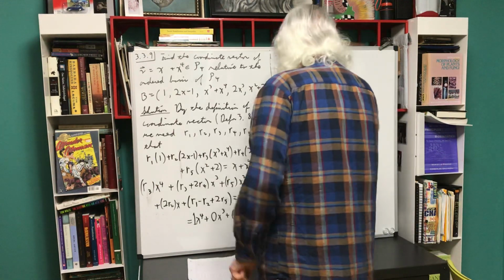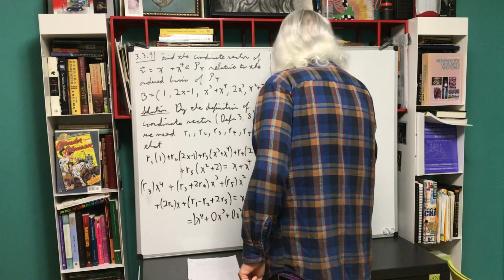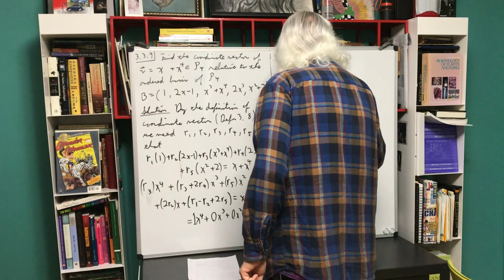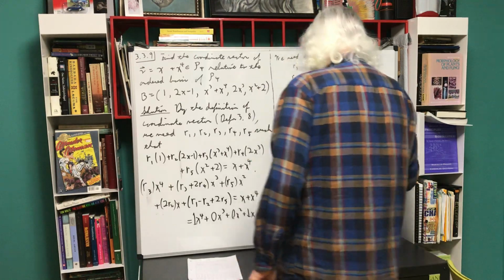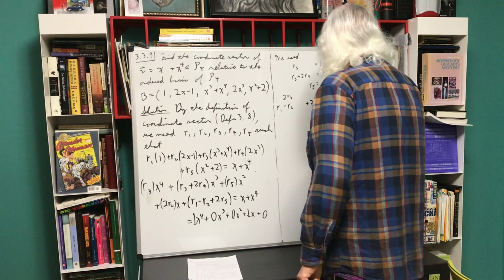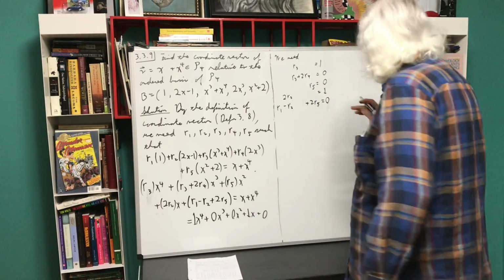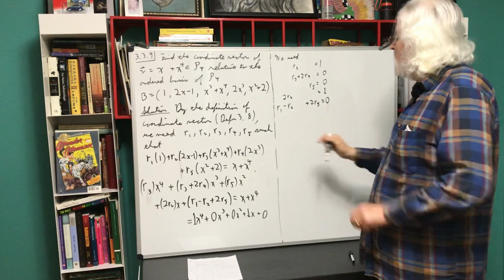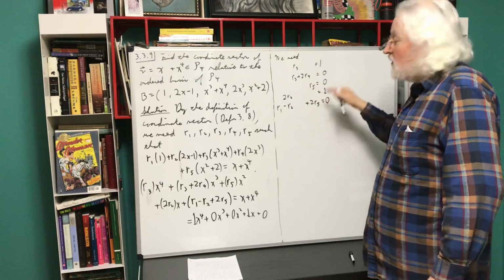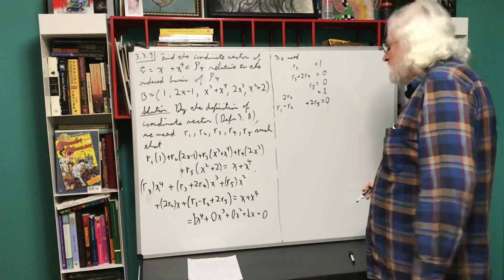And the constant term on the left-hand side is R1 minus R2 plus 2R5, and on the right-hand side the constant term is 0. So we need to solve this system of equations for R1, R2, R3, R4, R5. Those are the components of the coordinate vector.